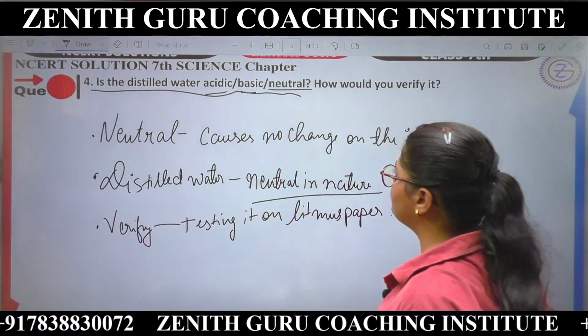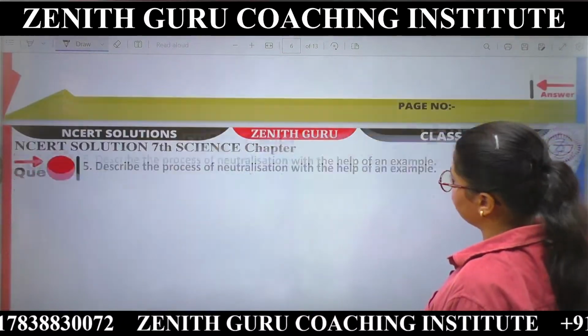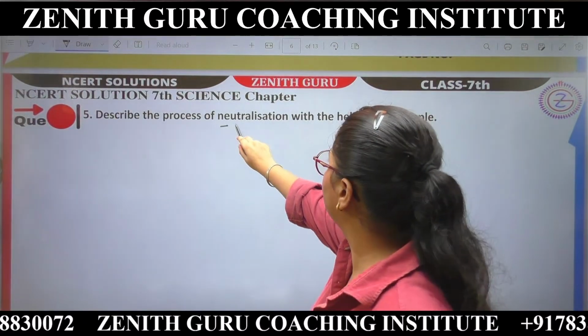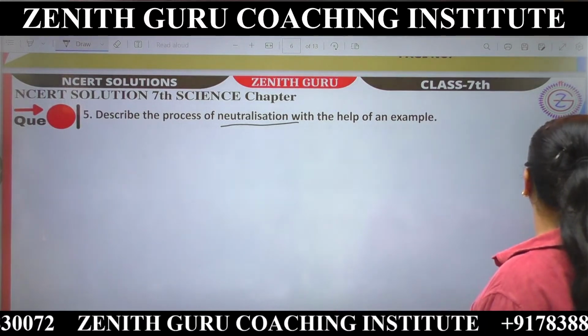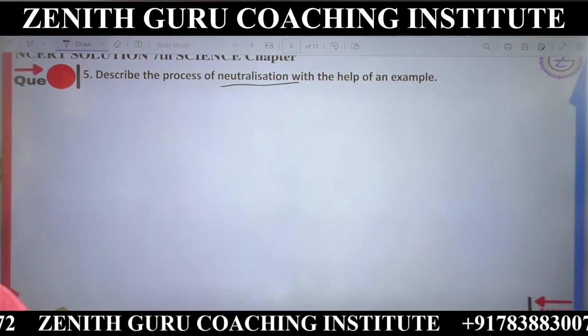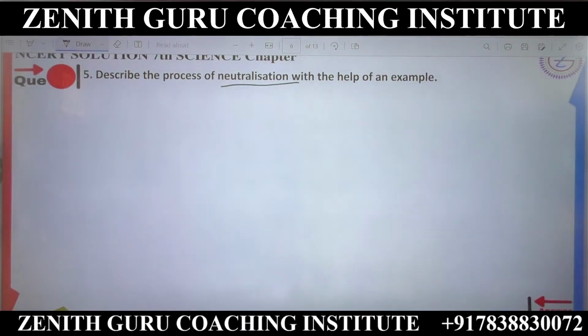Okay, now let's move on to the other question, which is describe the process of neutralization with the help of an example. Okay, तो यहाँ पे हमें न्यूट्रलाइजेशन का प्रोसेस एक्सप्लेन करना है एक एग्जाम्पल के साथ.